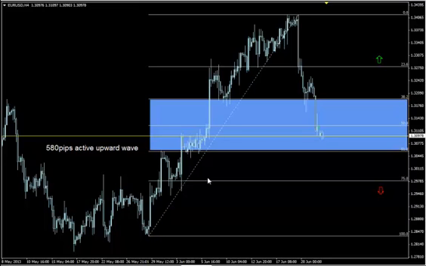Once price enters the trigger zone, and that happens when one candlestick closes inside this zone, it doesn't matter if it is a bearish or a bullish candlestick, we just want one candlestick to close inside the zone. Okay?